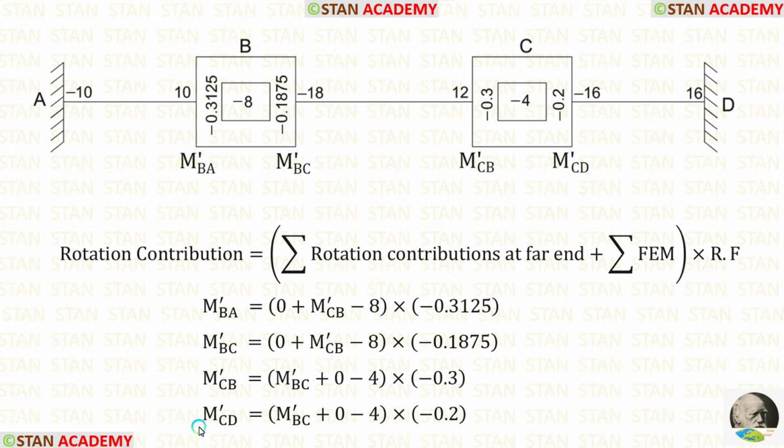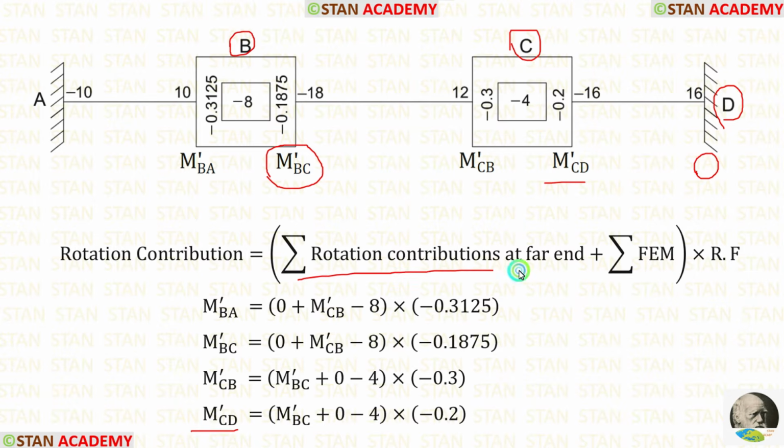Now let us see how to calculate M'CD. M'CD is located in the joint C. For the joint C, the far ends are B and D. In the joint B, we have to select the rotation contribution M'BC. In the point D, the rotation contribution is 0.